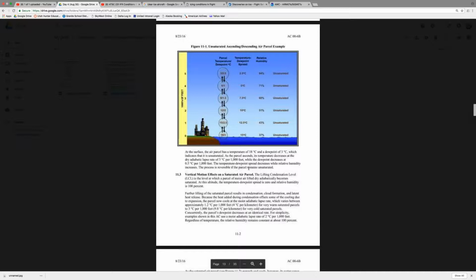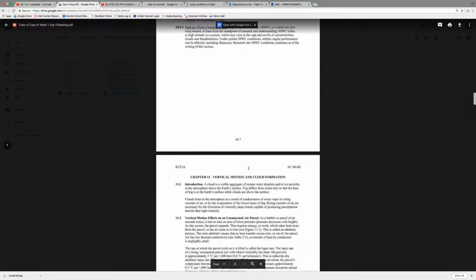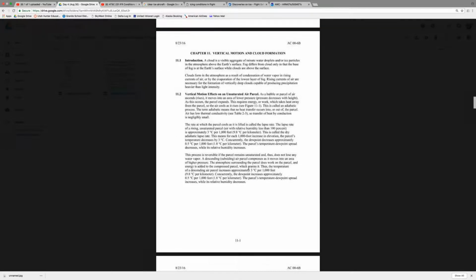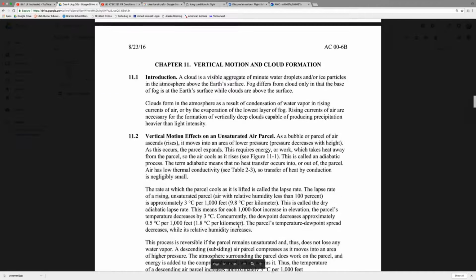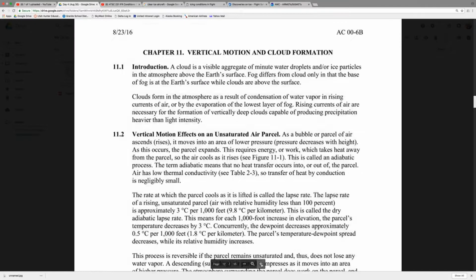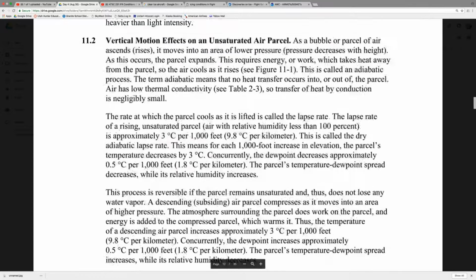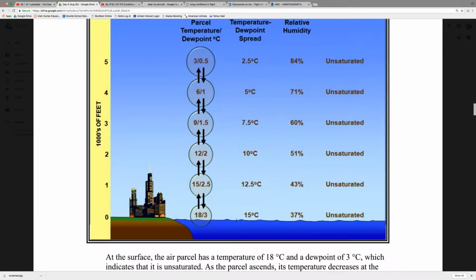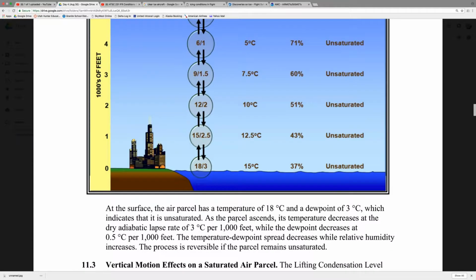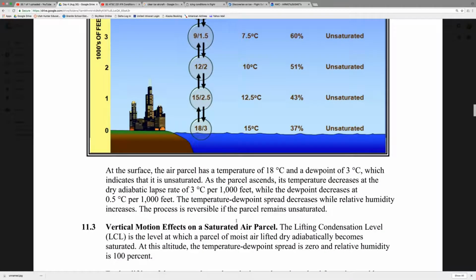I'll tell you guys right now, don't feel like you have to know the adiabatic process because there's a lot that goes into it, and it took a lot of schooling to even get any grasp on what they were talking about.